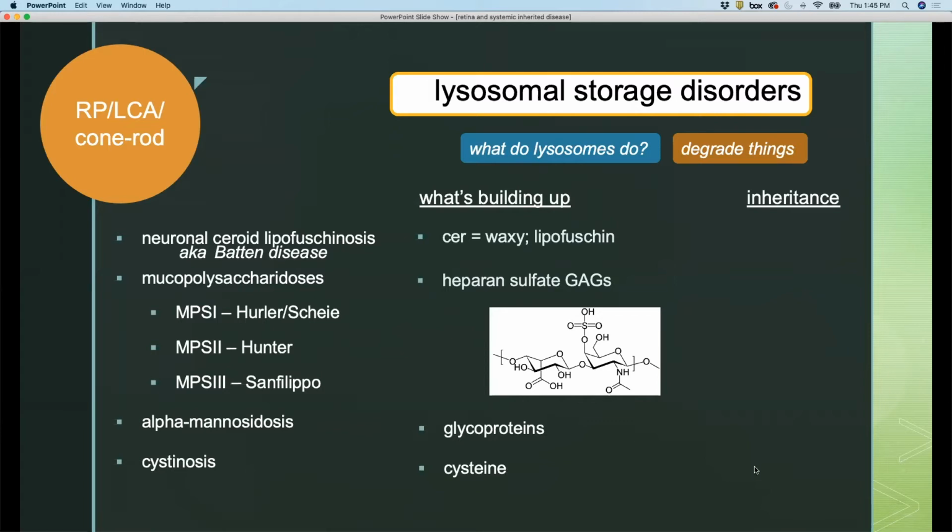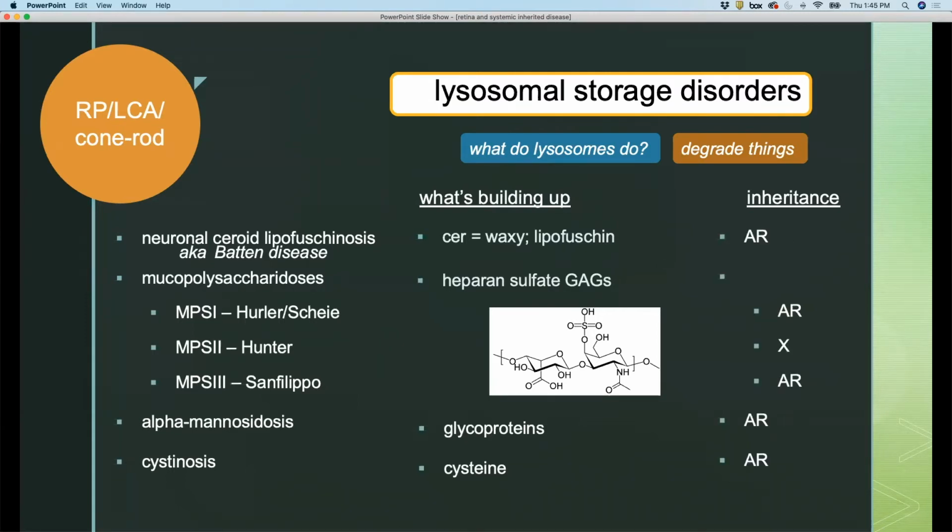What's the inheritance of most of these diseases? I think autosomal recessive. Great. Is there one exception here? I think Hunter is X-linked. Excellent. We always want to remember which ones are X-linked, because they're going to come up on the test.